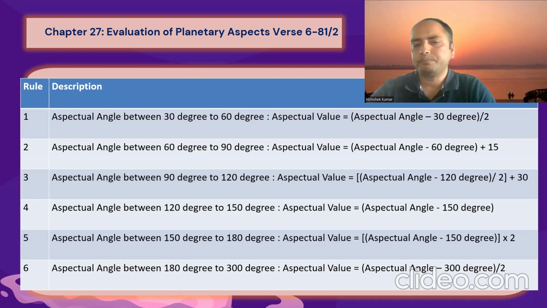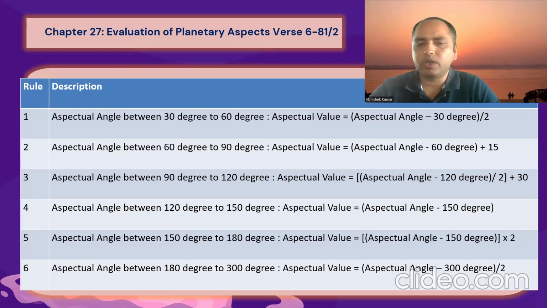That value will give you a number, and that number will tell you about the intensity, because basically the strength used to be calculated in kalas, and 60 kala make one rupa.